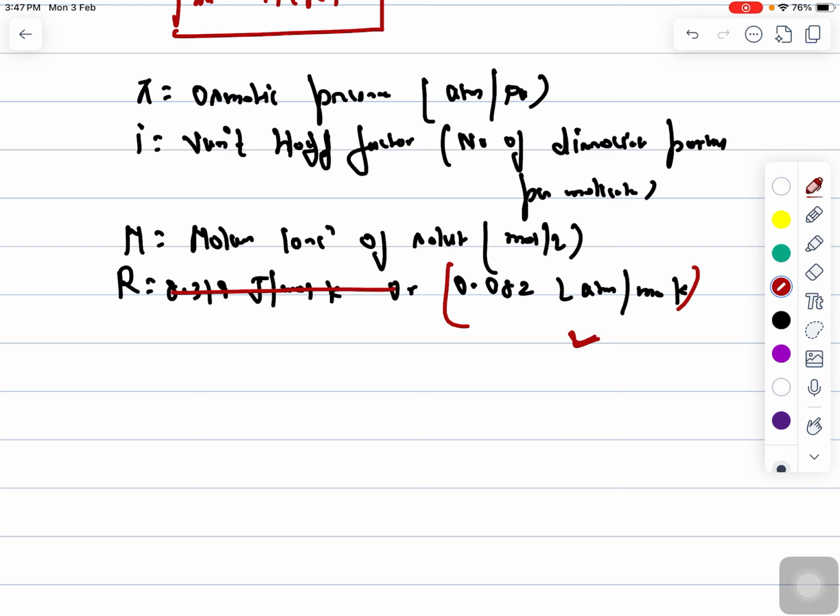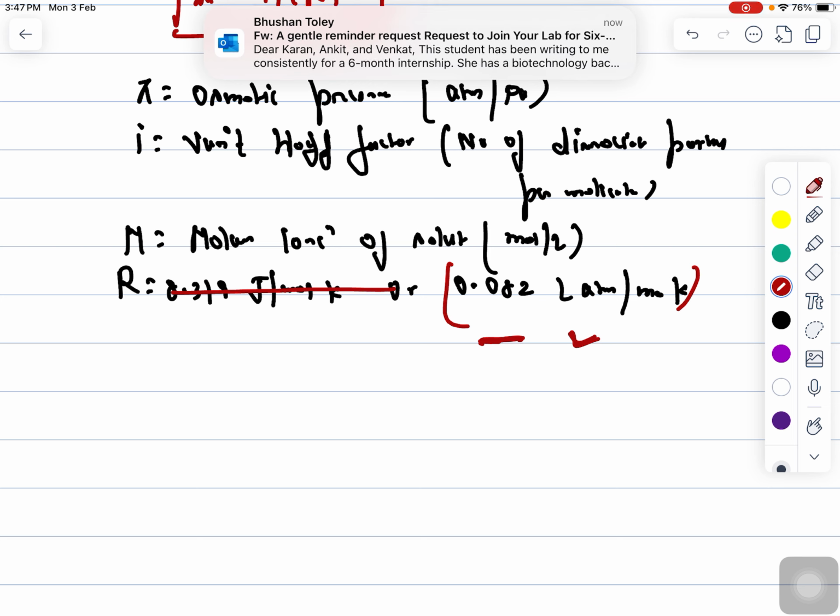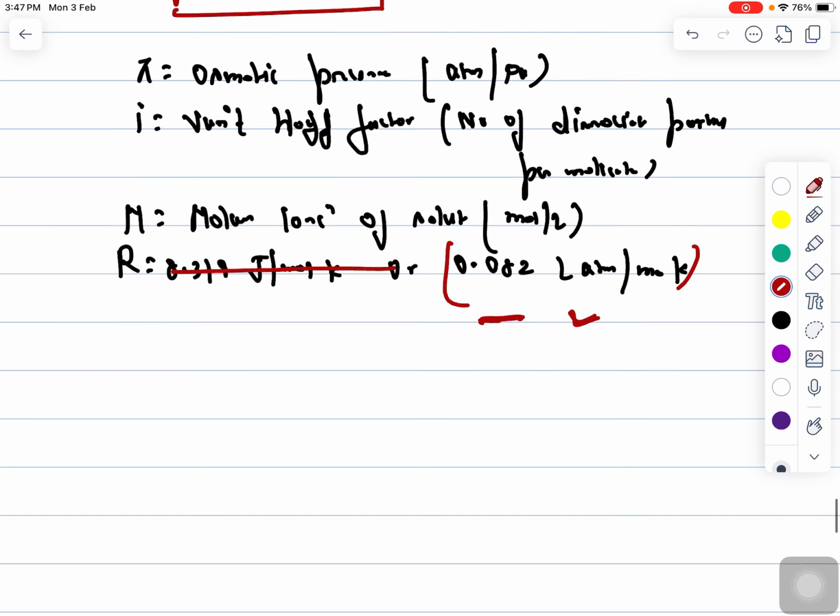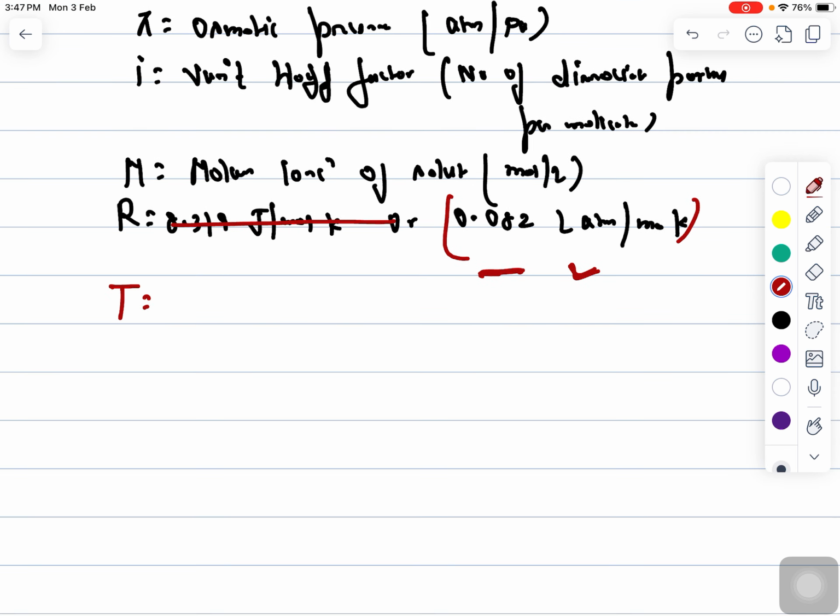Because unit is pi, so pressure's unit is atm or Pascal, so definitely the universal gas constant you should write in liter atm per mole per Kelvin. Okay, and the value of T is your absolute temperature, Kelvin. Okay, so this is all about the osmotic pressure.